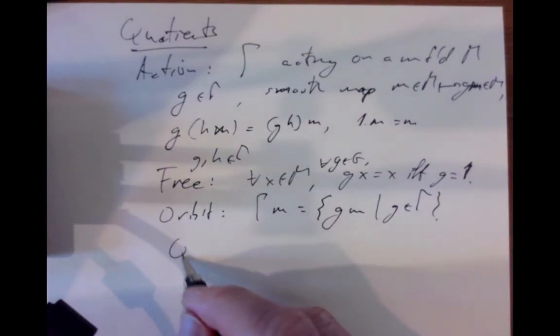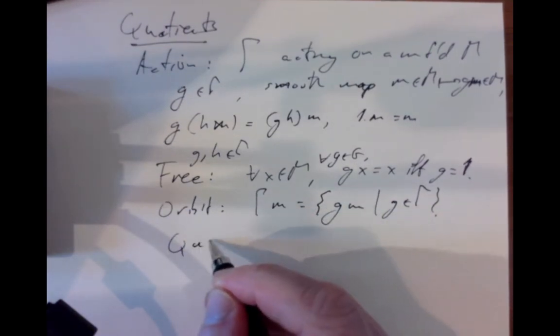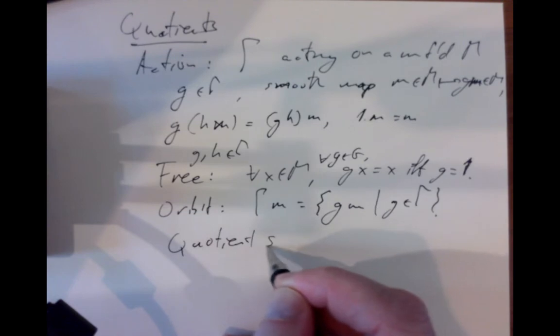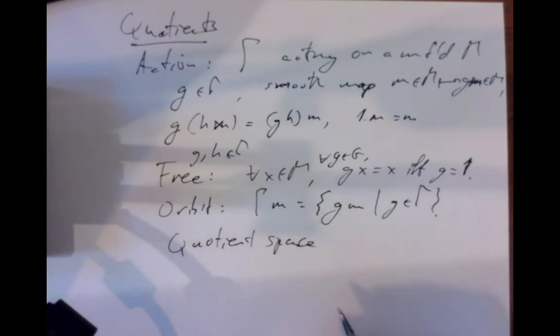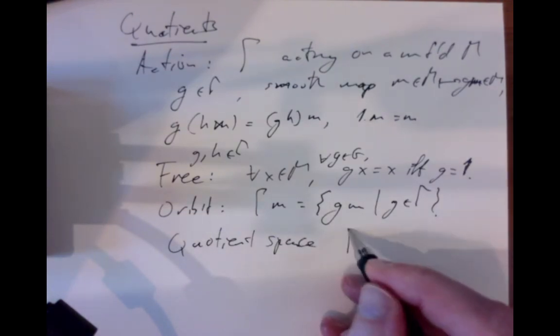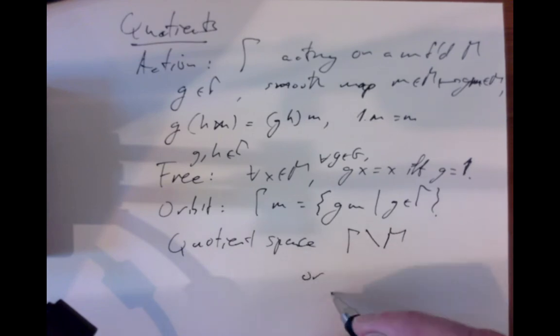And the quotient space is usually written either as gamma mod M or M mod gamma. Most people like the second one, but there actually are reasons to have them both around.